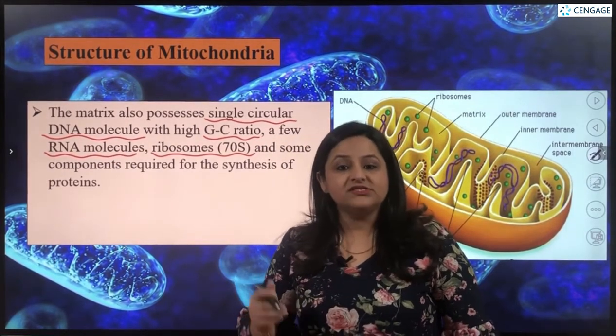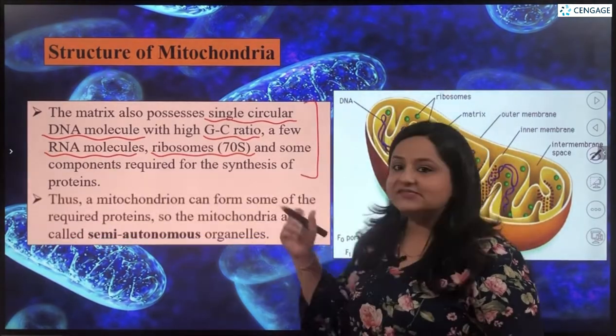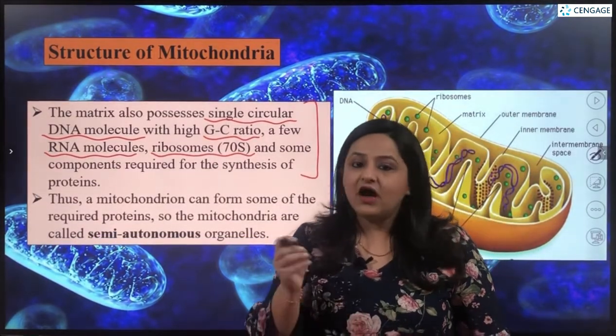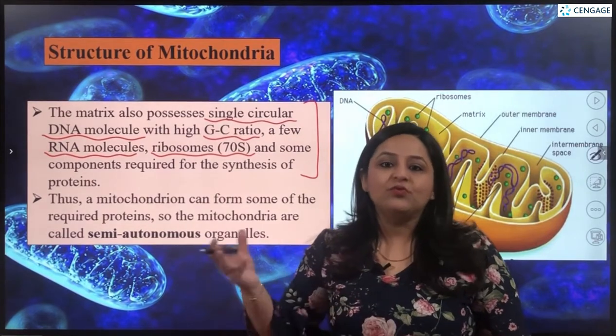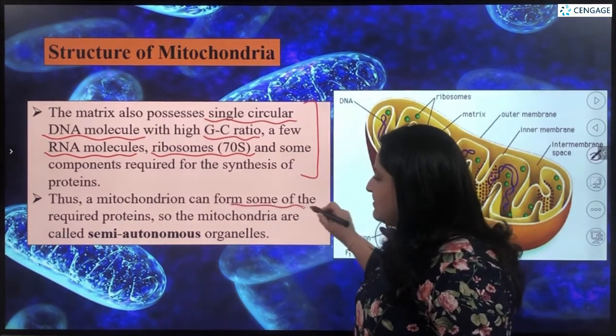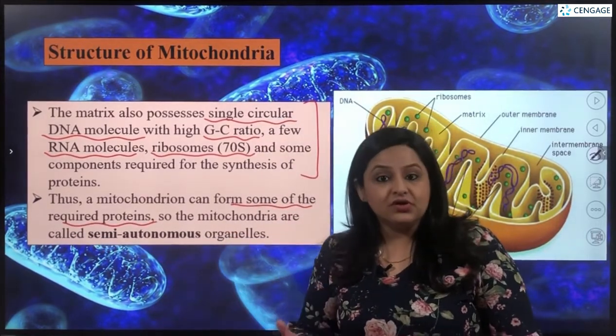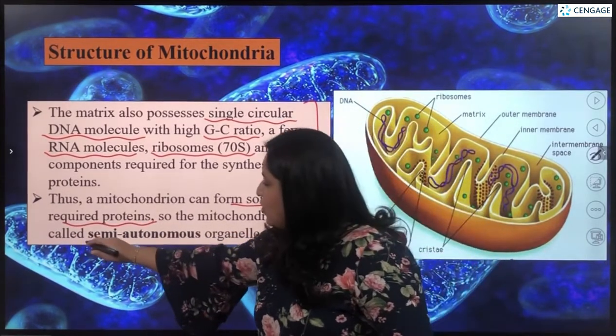Because the mitochondrial matrix has all these structures, the mitochondria are also known as semi-autonomous organelles. Why? Because they can form some of their required proteins on their own. So, that is the reason they are known as semi-autonomous.